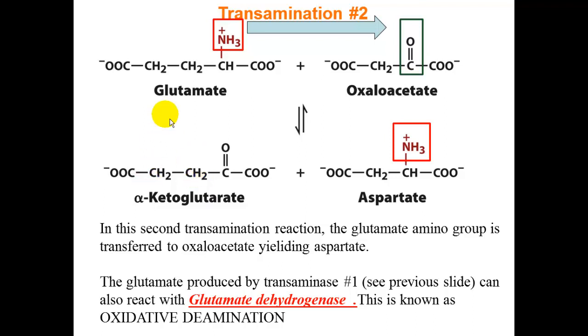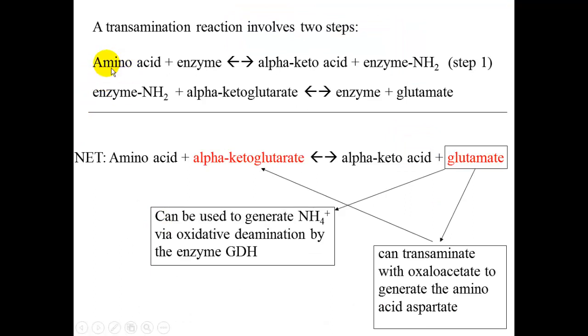And that oxaloacetate, by accepting that amino group, gets converted to aspartate. Now that aspartate, as we've seen before, can donate its amino group to urea via the urea cycle. Take any amino acid and it's going to react with the transaminase and it will give you the alpha keto acid and the corresponding amidated form of the enzyme.